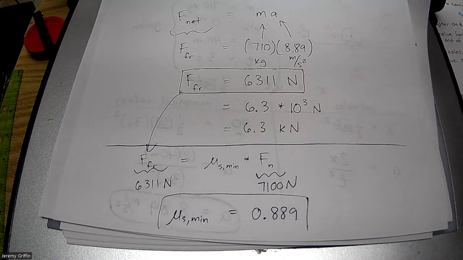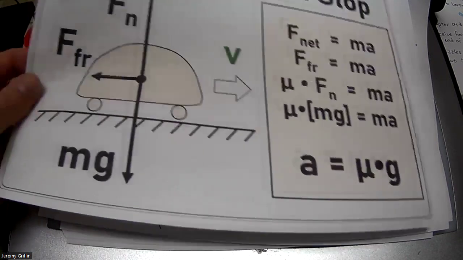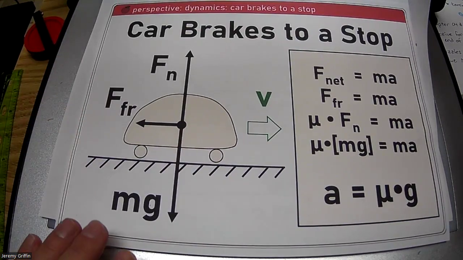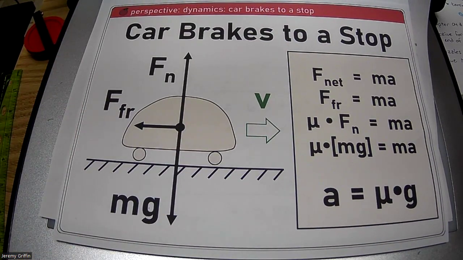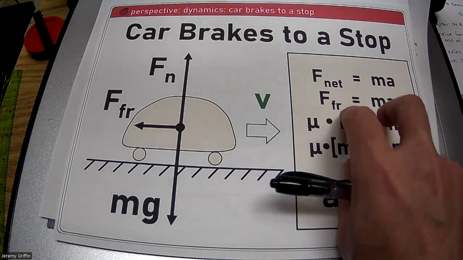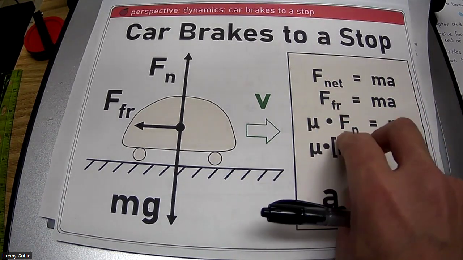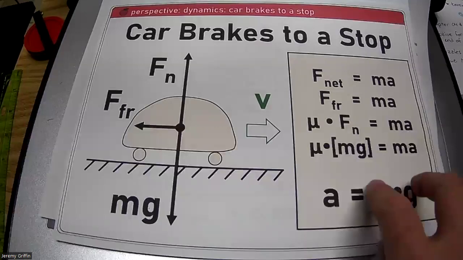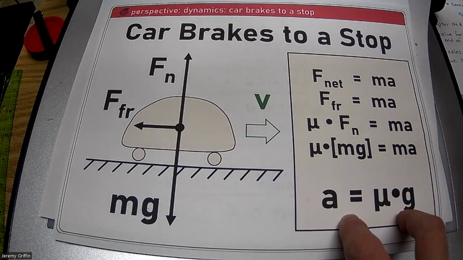Okay. Which, by the way, is a poster that you already have. I'm gonna show this to you guys because this is going to show up a few weeks later in this class. You guys remember a car brakes to a stop? Here's Newton's second law of motion. Here's the net force. Here's friction force substituted. By the time you work your way down to the end, here's how much the car is allowed to slow down braking to a stop.